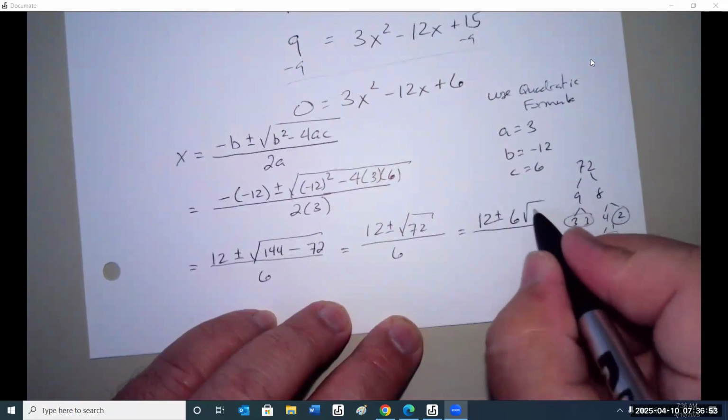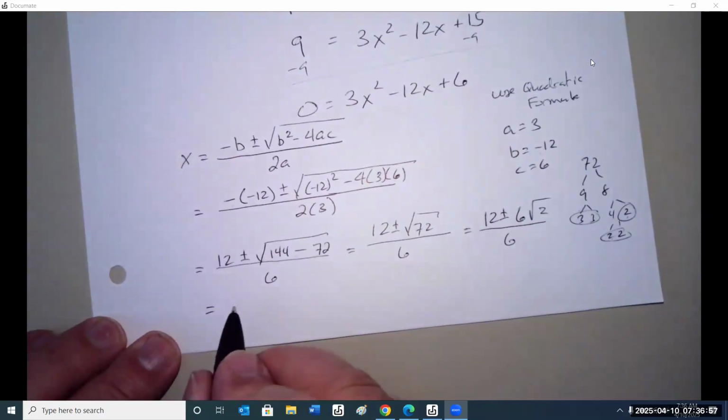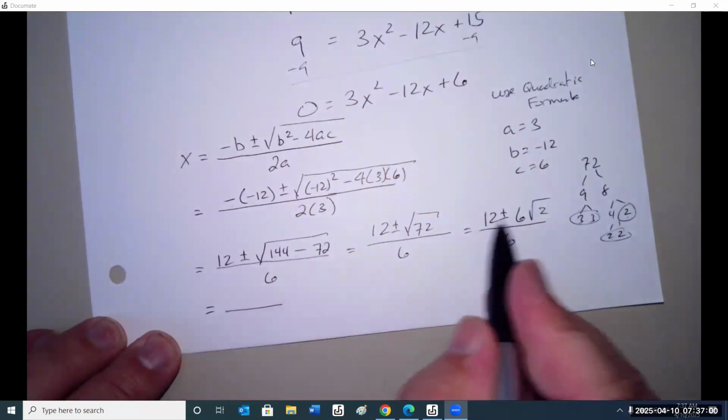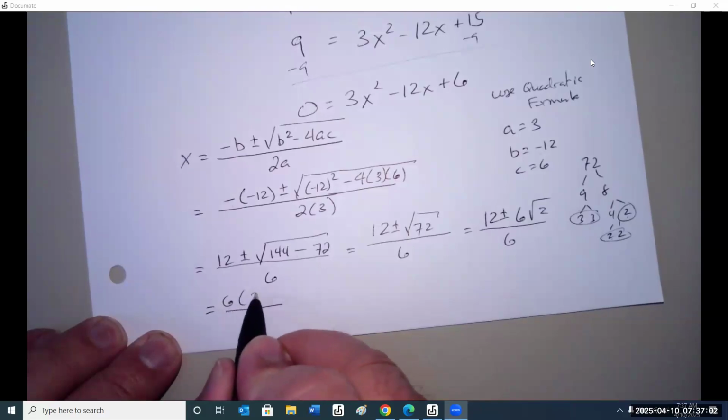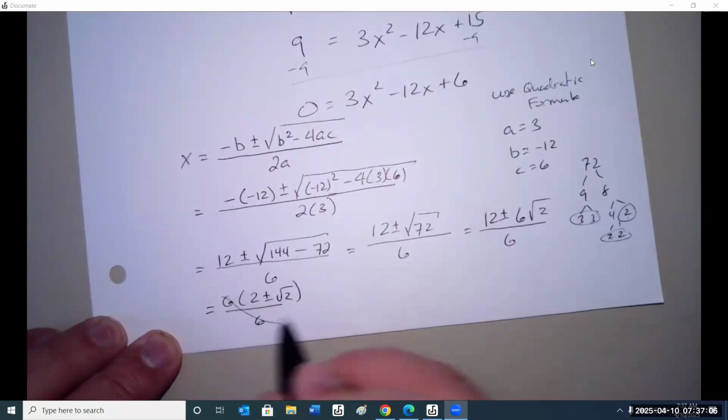And square root of 2 stays inside there. On the top, we can factor out a 6. 6's cancel.